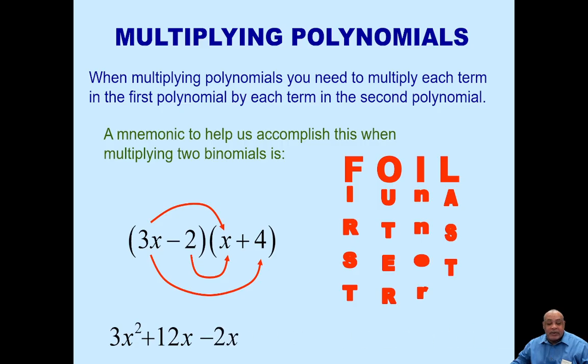And the last terms: minus 2 times 4 is going to be a minus 8. Once we've gotten to this point, we can combine our like terms. We end up with 3x squared plus 10x minus 8 for our final answer.